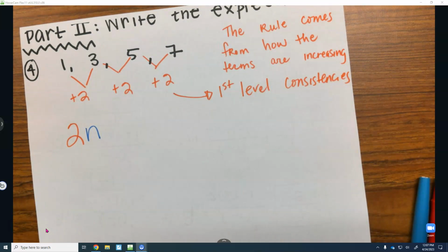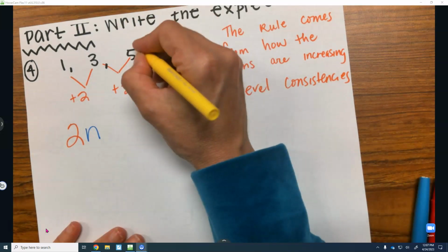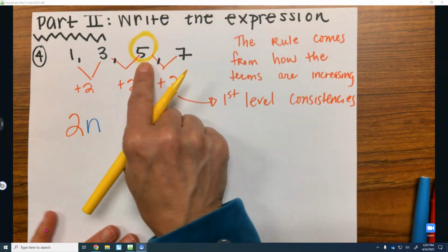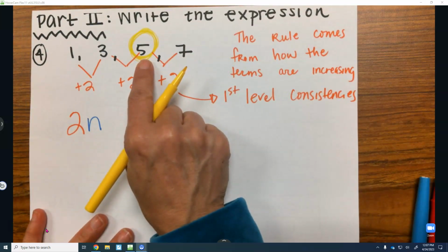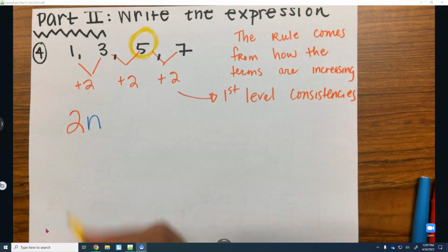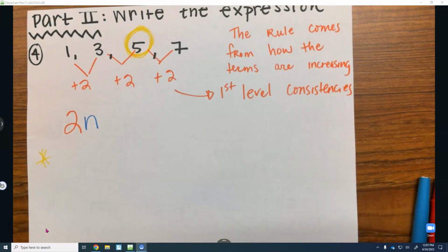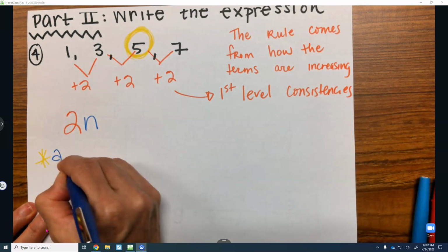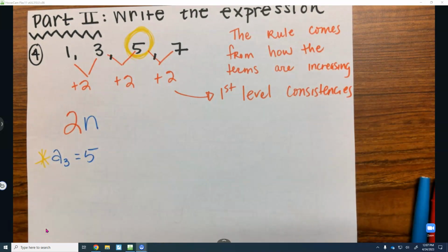We have to make some adjustments. Let's take a look at this value right here. That is a value of 5. And it is also 1, 2, 3. A sub 3. So here's what we know. We know A sub 3 equals 5.